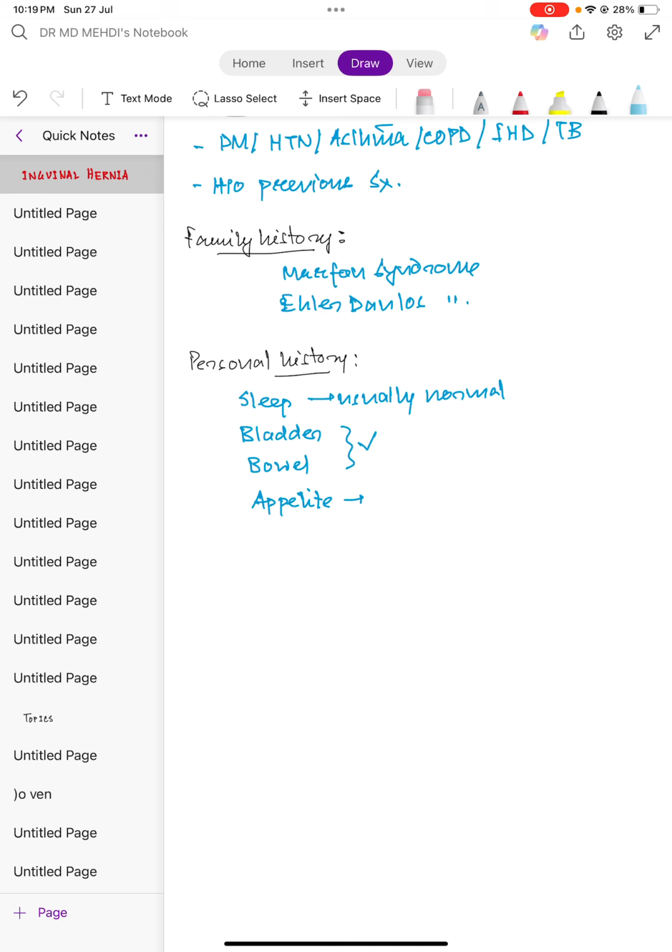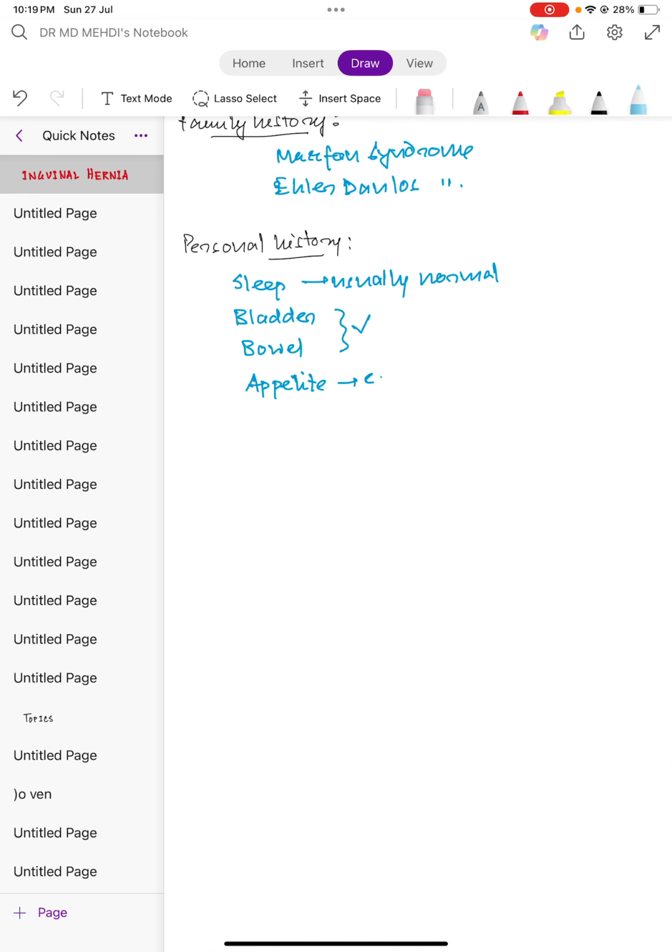And usually the patient's appetite is normal. So what we have to write is that the patient consumes either a vegetarian diet or a non-vegetarian diet or a vegan diet, and the appetite is normal; we have to mention it.